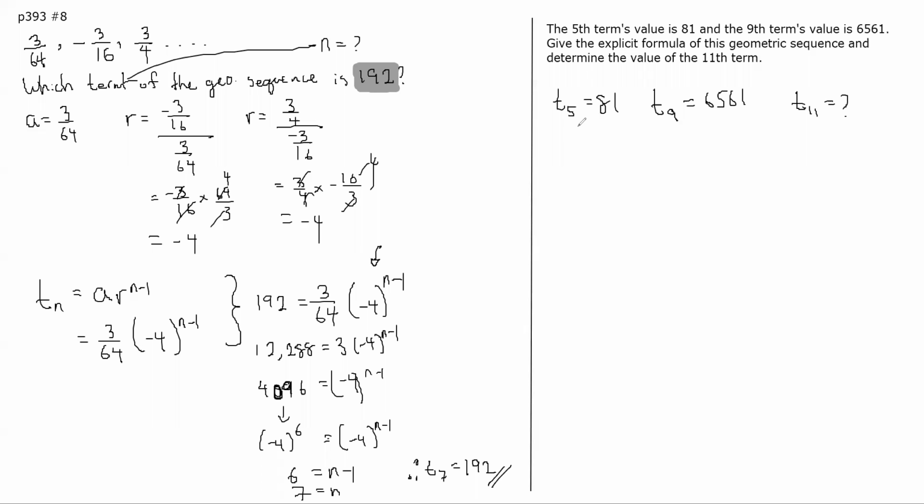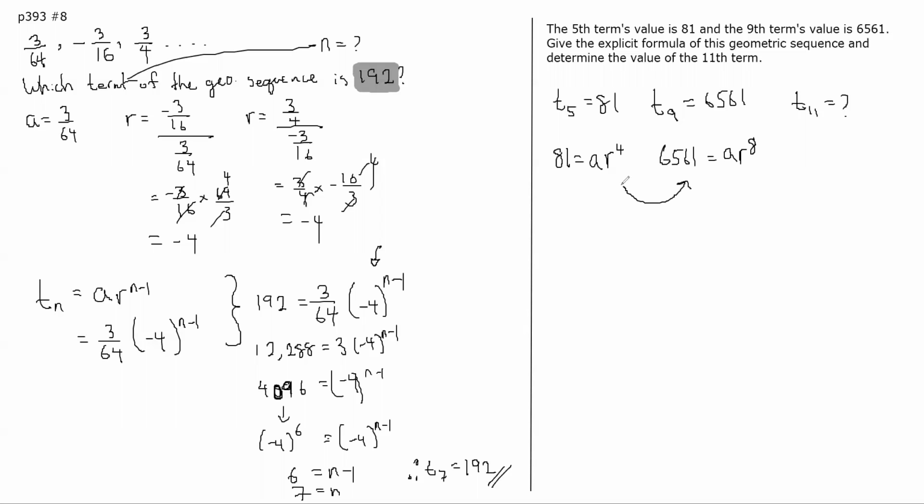I do know that the fifth term, being 81, is going to be a times r to the power of 4, because remember, 4 is n minus 1, which happens to be 5 minus 1. I also know the ninth term is going to be a times r to the power of 8, which is, of course, 9 minus 1.